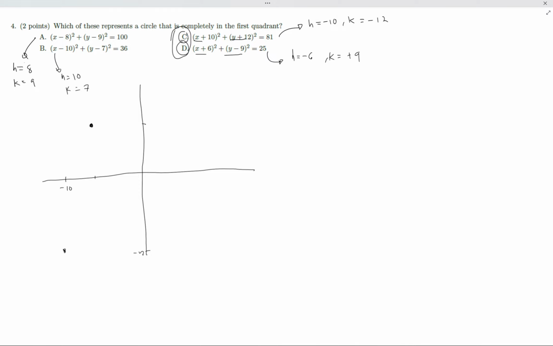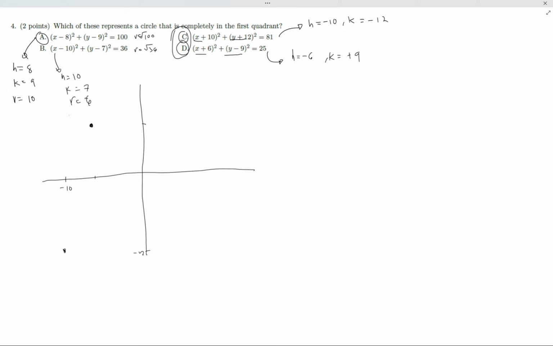So let's focus first on letter A. Let's try to graph that one. We know that the radius of that is the square root of 100. Square root of 100, that's our radius. For here, that is the square root of 36. So in this case, the first circle must have a radius of 10, and then the second circle must have a radius of 6.